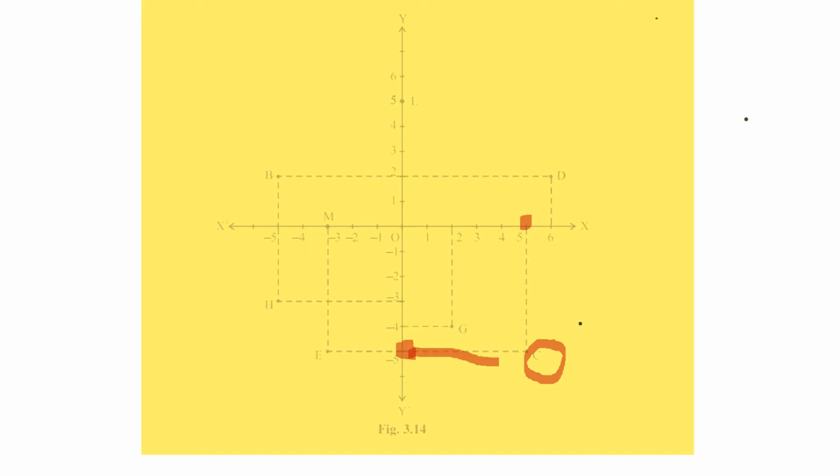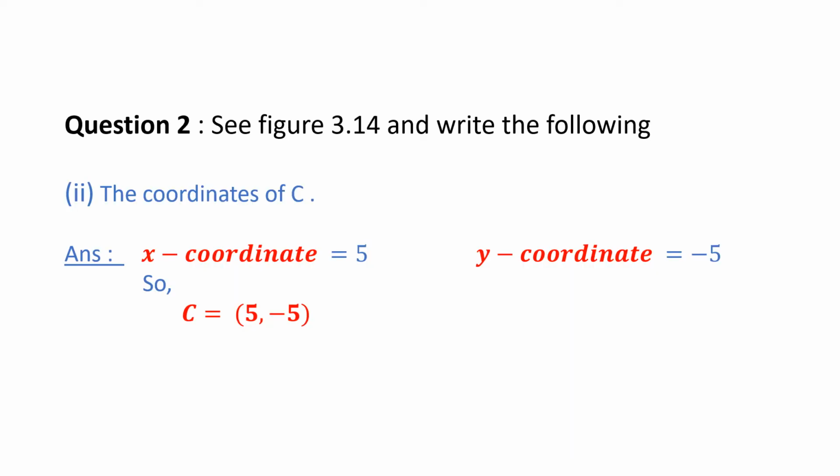When you draw these two lines, that is when you get point C. So first you write the x coordinate, 5, and the y coordinate is -5. So the coordinates of C are 5, -5, right?